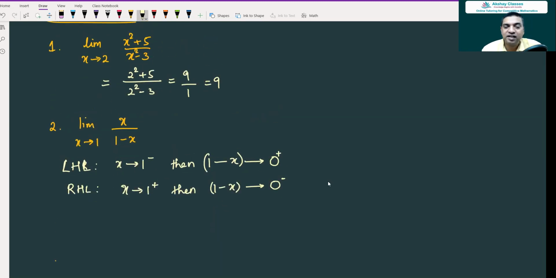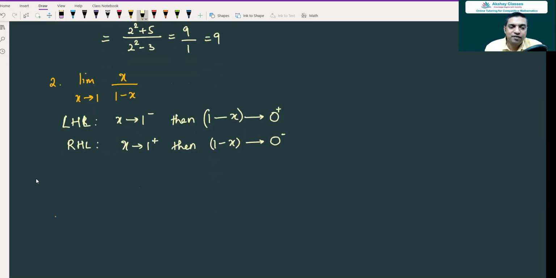Okay, negative values. So when you do the left hand limit, x tends to 1 minus, of x upon 1 minus x, the numerator is going to 1. No problem, it is a positive value. It may be slightly lesser than 1, doesn't matter, 0.9999 like that.